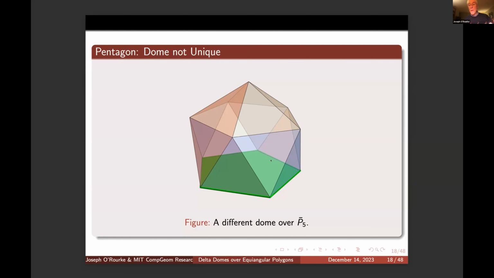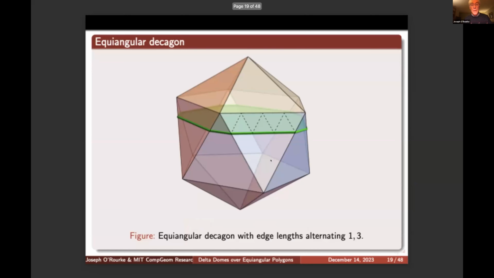Everything I've showed you so far is regular, except for the rectangle. So equiangular squares or equiangular four-gons are rectangles. Here's an equiangular decagon.